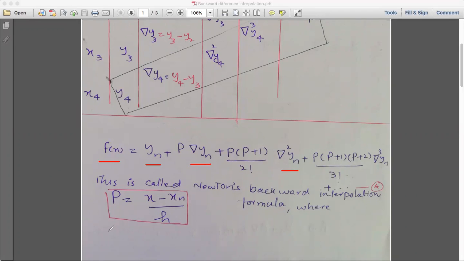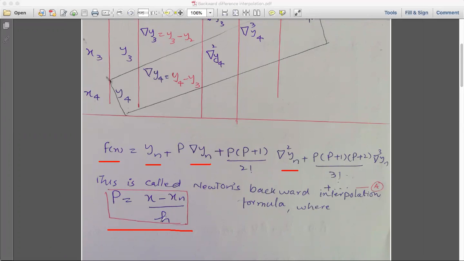And what is p here? This p, please note down here, p is equal to x minus xn divided by h. Here p is equal to this one. Please note down this formula and also the value of p, so that we can solve some questions by using this formula and using the value of p.